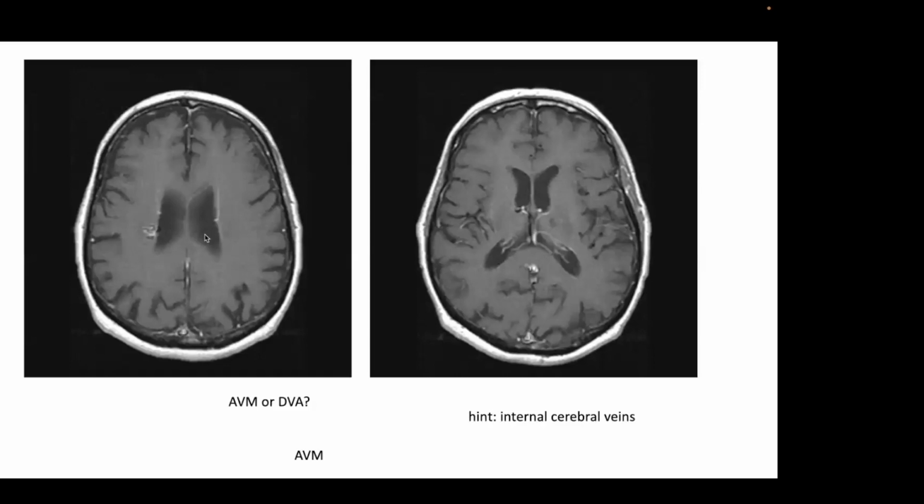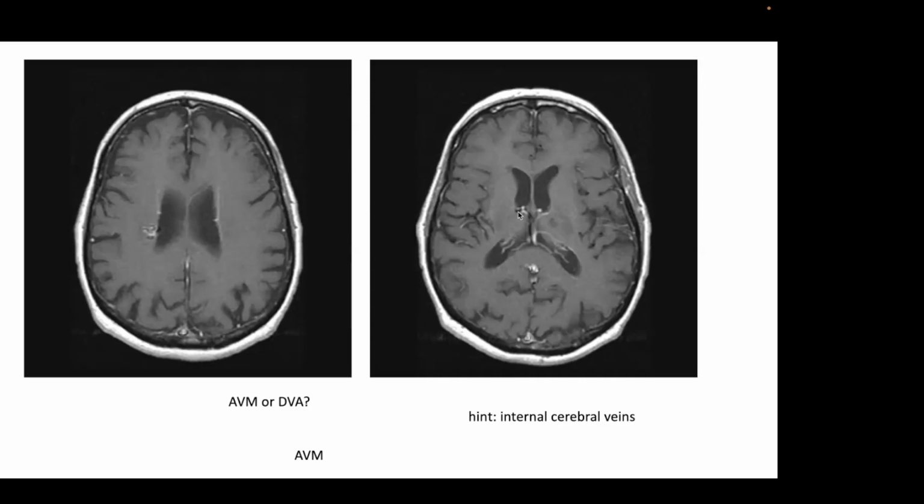Here's another patient. We see this area here on the post-contrast imaging. Occasionally, cavernomas will enhance. And so here we see this area of a little bit of enhancement. Now, is this a DVA or an arteriovenous malformation? The finding that you should establish here, and this is an excellent demonstration of this phenomenon, in a normal DVA, the draining vein should enhance on MR imaging.